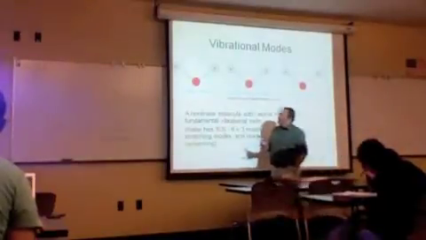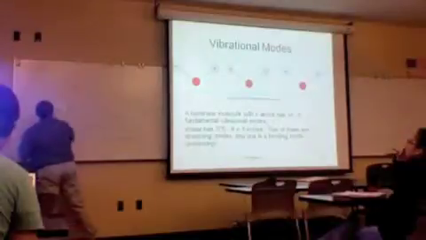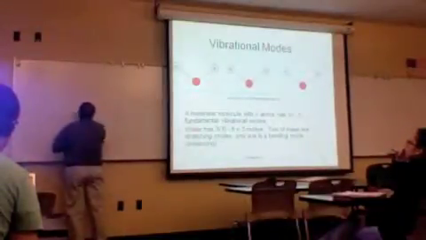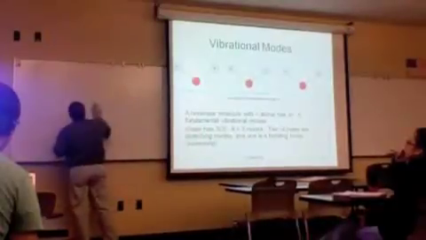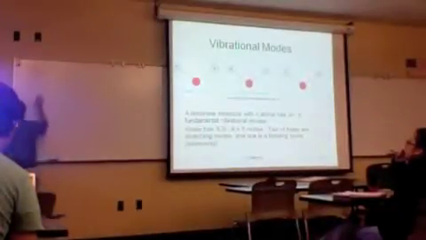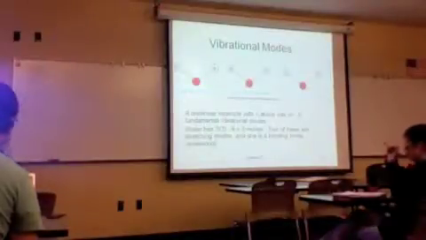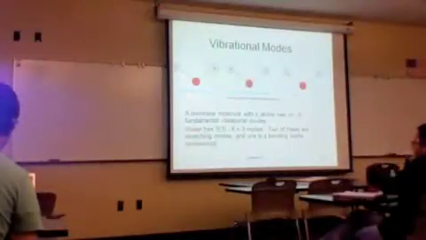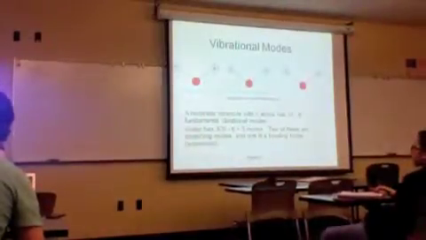How are you doing? So if I had a 6-atom molecule, actually let's figure out how many vibrational modes would be in ethanol, as we just talked about. Alcohols, we've got C2H6O. So I've got how many atoms? 9.